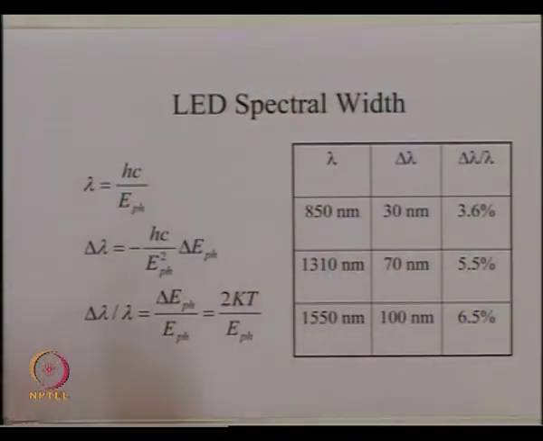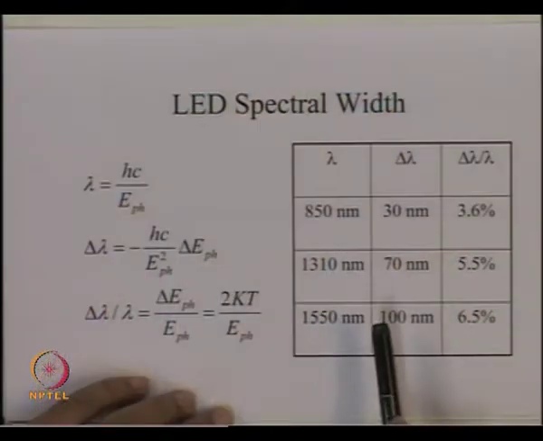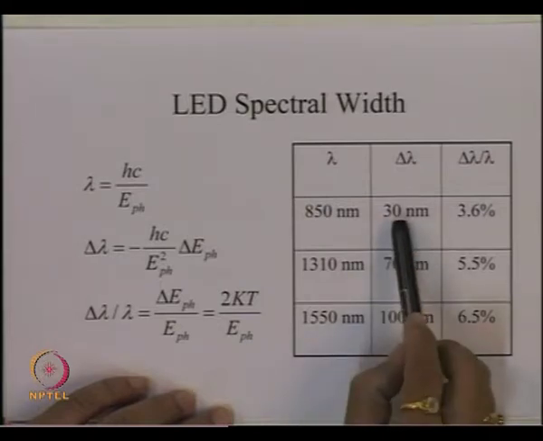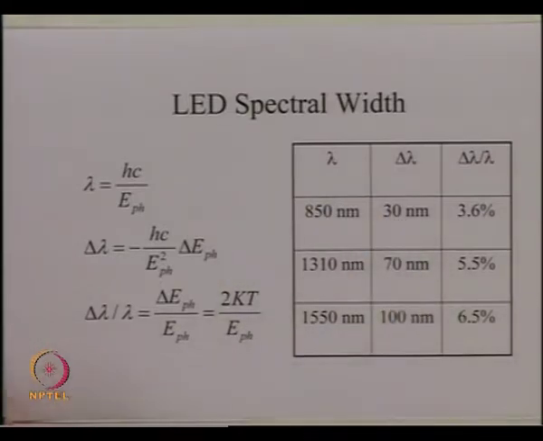What we find in this case now is that as you go to longer and longer wavelengths, the spectral width of the source increases, and therefore, the dispersion in the optical system increases. So, dispersion for 1550 nanometer will be almost 3 times compared to what dispersion you will get at 850 nanometer.